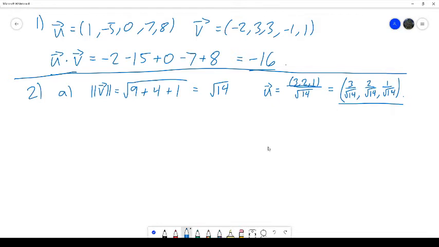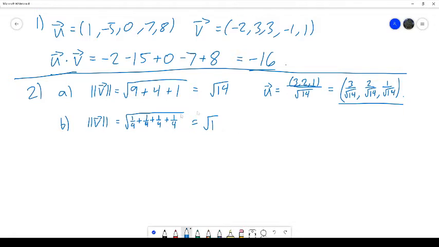Okay, that's that. Second vector, part B, we have 1/2. So the magnitude of this is going to be the square root of 1/2 squared plus 1/2 squared plus 1/2 squared plus 1/2 squared. And when we do that, we end up with the sum of 4 1/4, which add up to 4/4, which is 1.